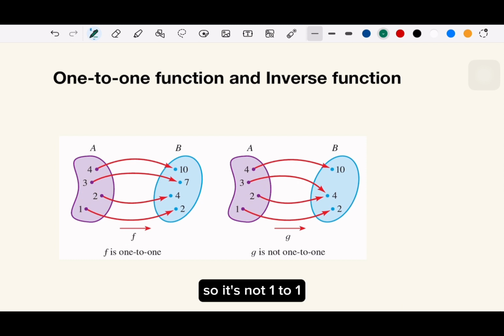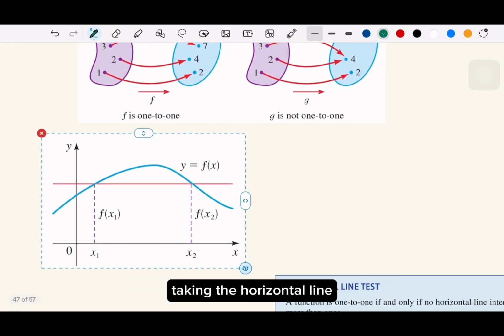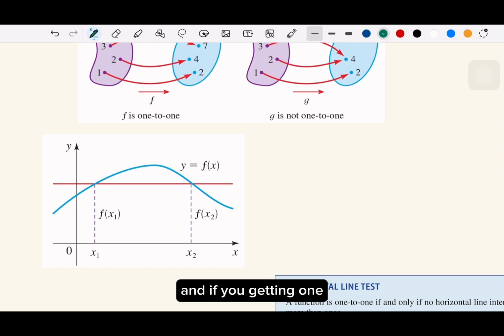So it's not one-to-one. Or I think the best way to look at this is by taking the horizontal line. If you have this random function f, and you take the horizontal line, and you get 2 points, more than 1 point, it means that this is not one-to-one.